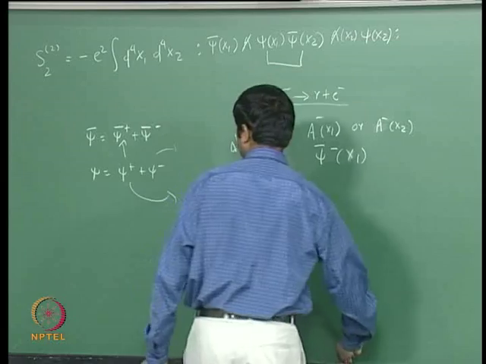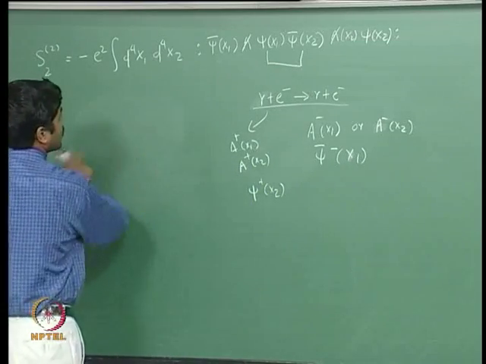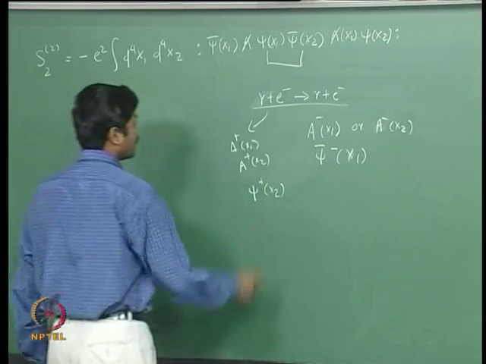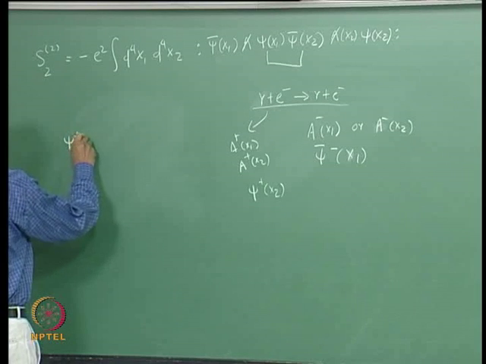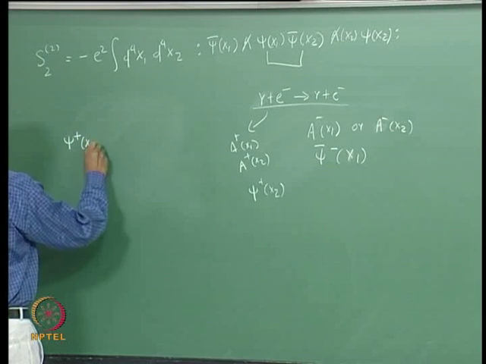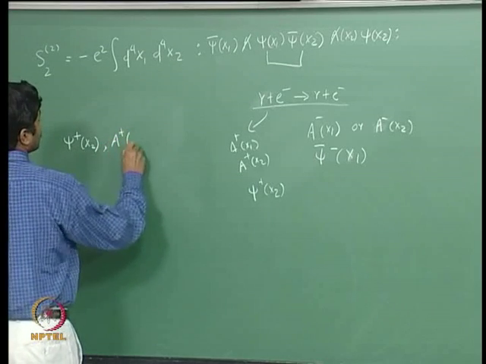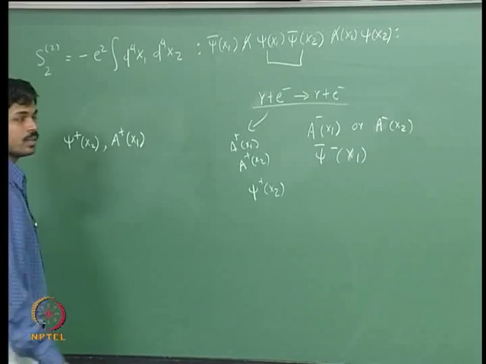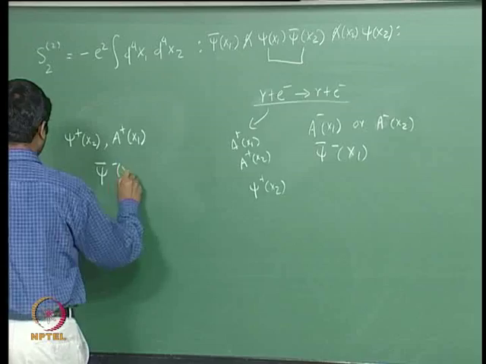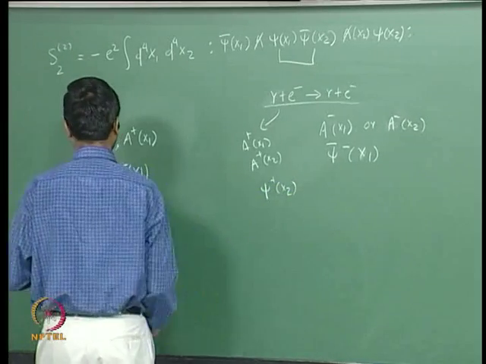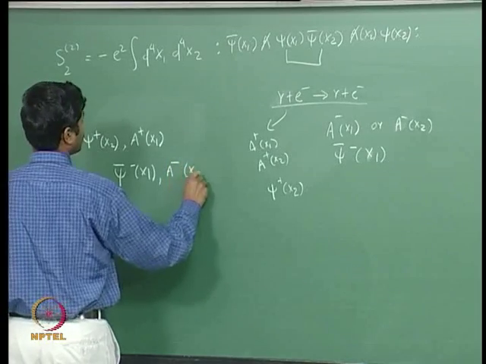So, what we can have is the following. For this process, the S matrix should contain psi plus of x2, A plus of x1, and then psi bar minus of x1 and A minus of x2.